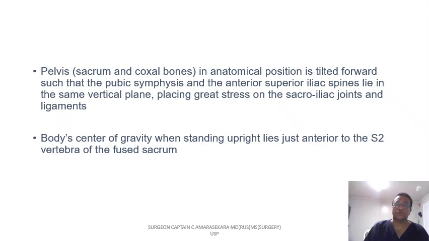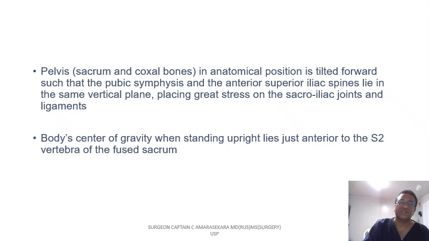In anatomical position, the pelvis is tilted forward so that the pubic symphysis and the anterior superior iliac spine, or ASIS, align vertically. It places significant stress on the SI joint and its ligaments, which act as shock absorbers and stabilizers during upright movement.